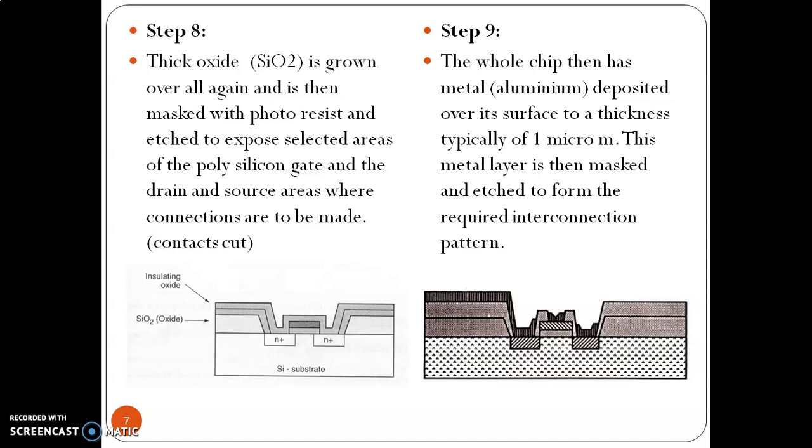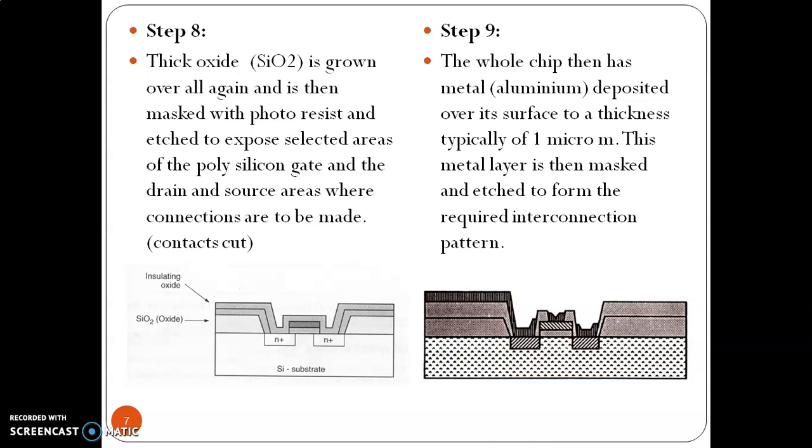Then the metal is deposited and the contact cuts are brought up. Usually a 1 micrometer thick metal layer is deposited. Then, using a suitable mask, the remaining parts where the metal is not required are etched away. Finally, the overglass pattern is processed over the total structure, as the final step.